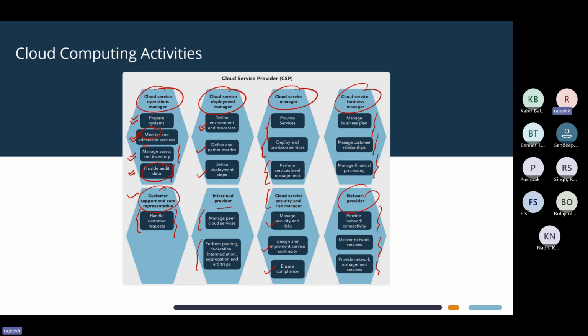But remember, this is the standard we are right now discussing. So when it comes to the audit, these roles or equivalents of these roles should be there with the provider, which can actually help us.